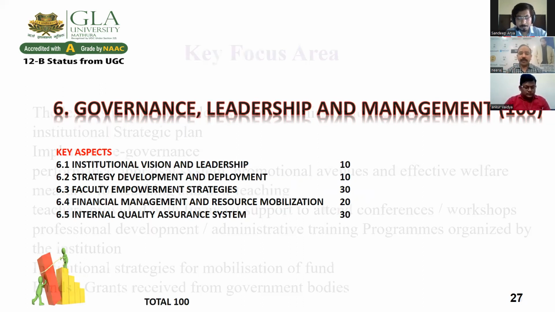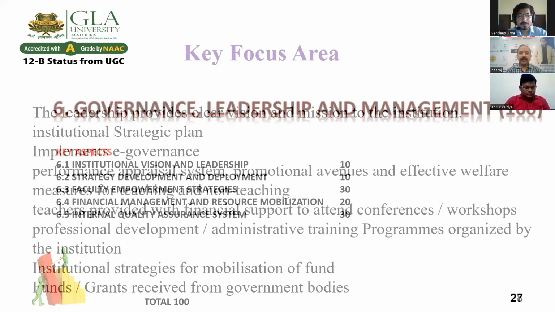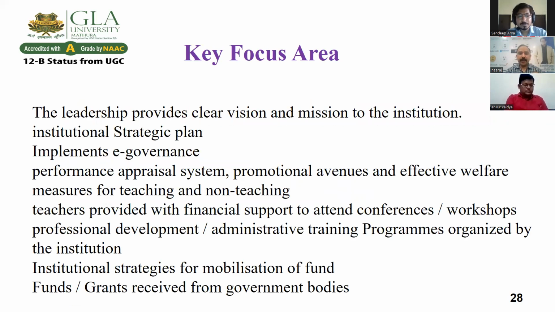The key focus areas of criteria 6: the leadership provides a clear vision and mission to the institution. Whatever the vision and mission of the institution, does the leadership we have provide a clear vision that aligns with it or not? What is the strategic plan of the institution?